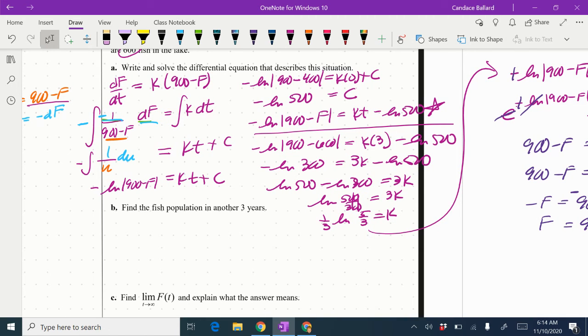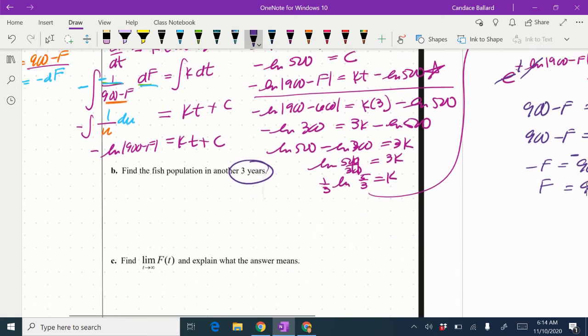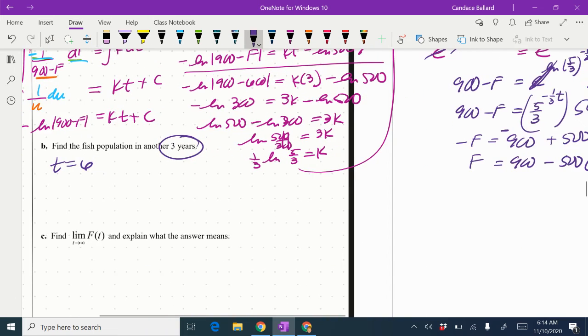Now we get to find the fish population in another 3 years. We have to be careful because we already know we're 3 years down the line. Another 3 years would mean that our time is equal to 6. I get to just use this equation that we came up with and plug into it. So f of 6 equals 900 minus 500 times 3/5.